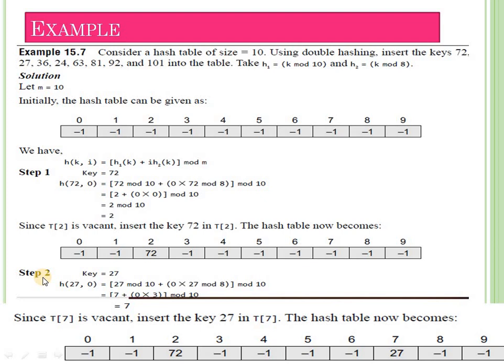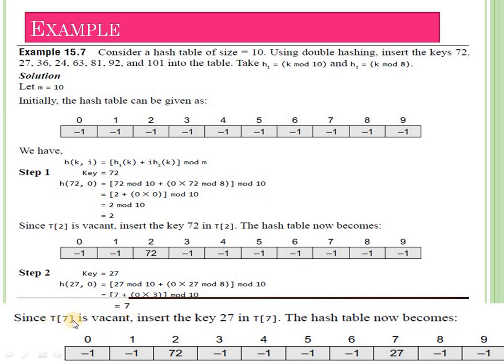Now consider the next key. Step 2, key is 27. So H of 27, 0 is 27 mod 10 plus 0 into 27 mod 8. Here the I value is 0. So 27 mod 10 gives 7.